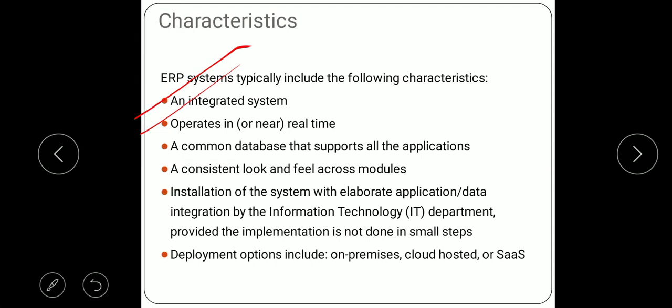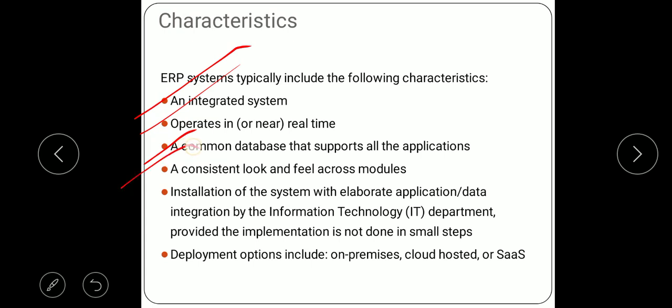Operates in real time. A common database that supports all applications. So as we are using the common database, all the departments can work together with the same database. So data duplicity will be decreased.